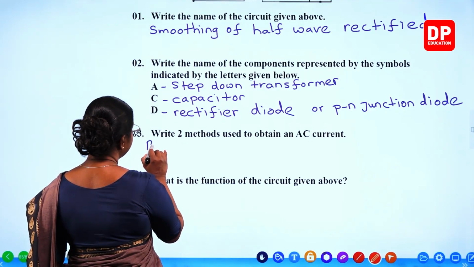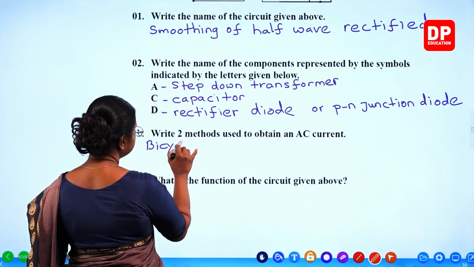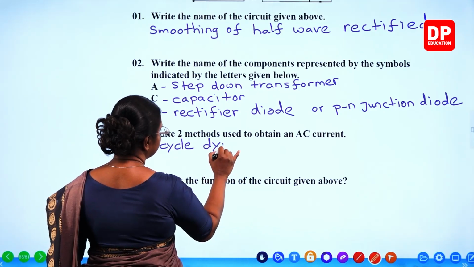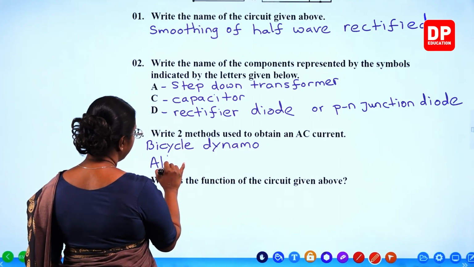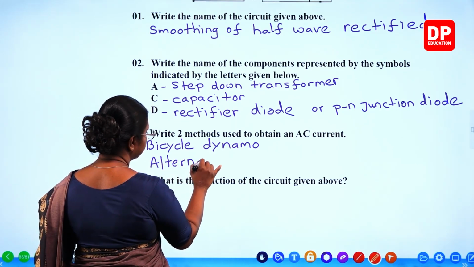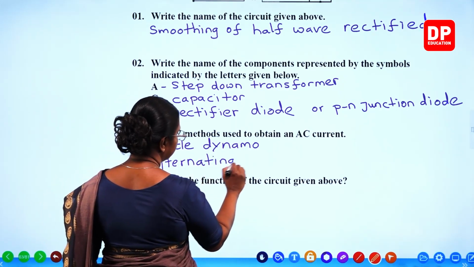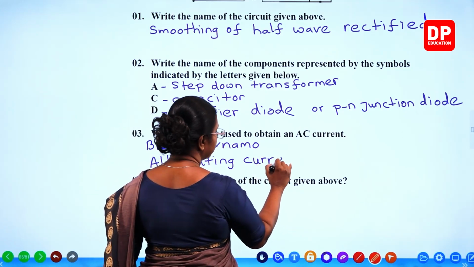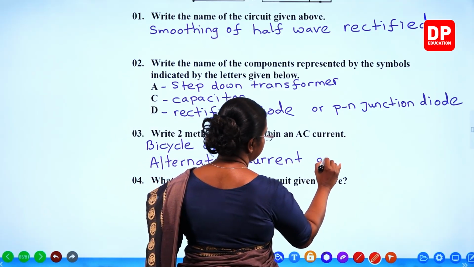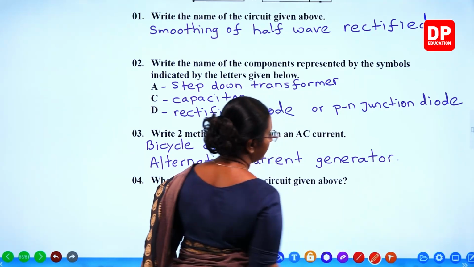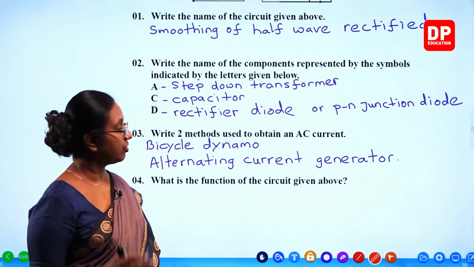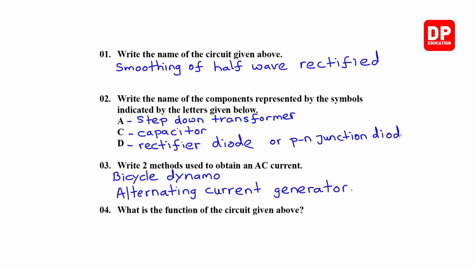So, bicycle dynamo or alternating current generator. One of those can be used, or those are the two methods by which you can obtain an AC current.